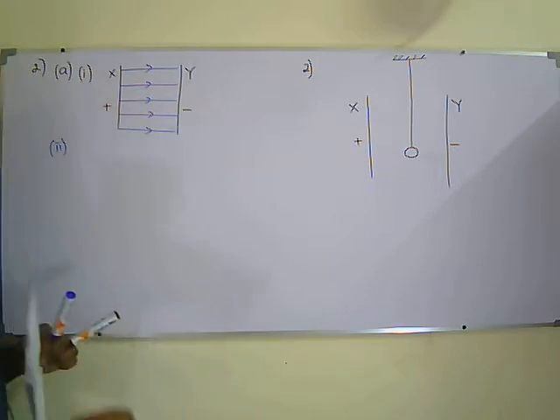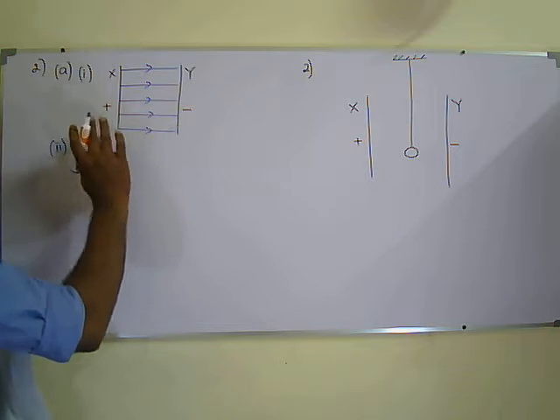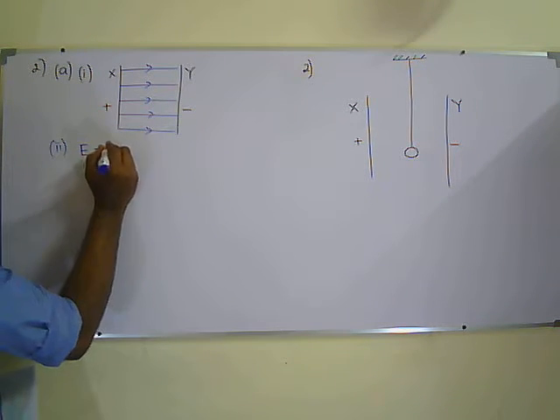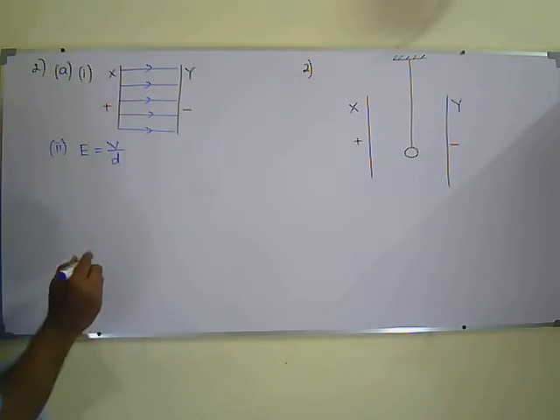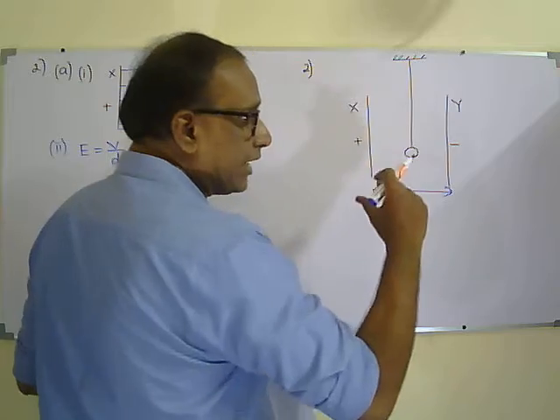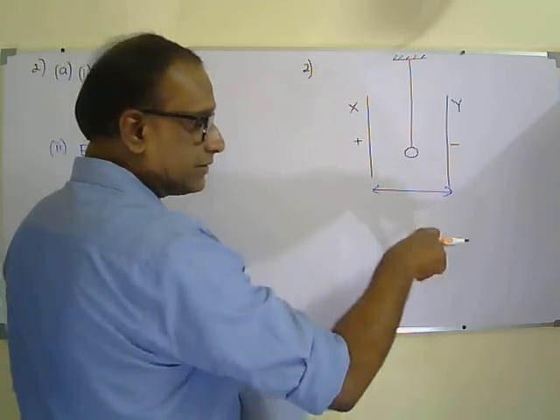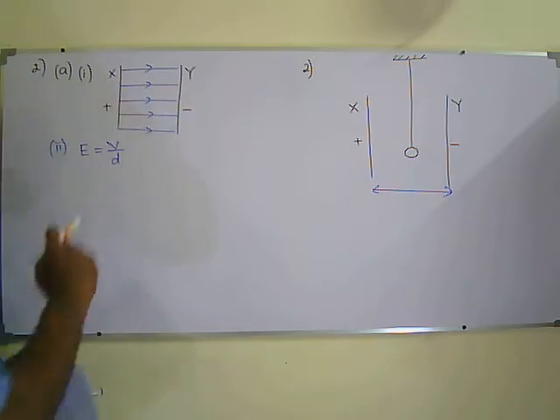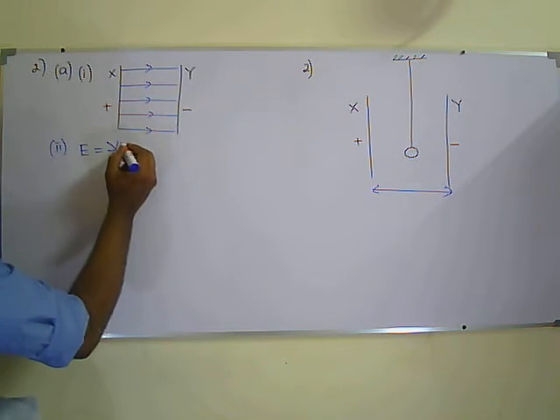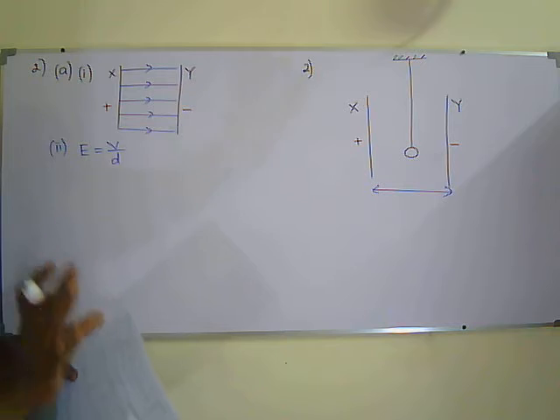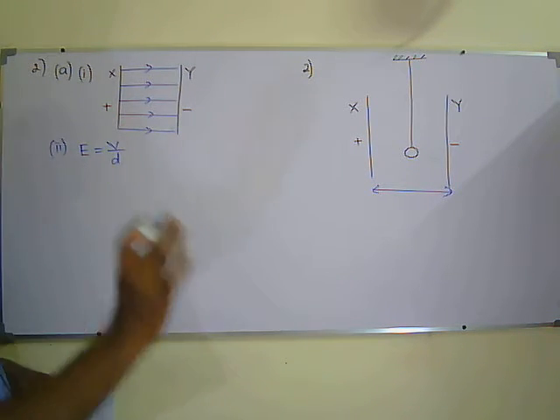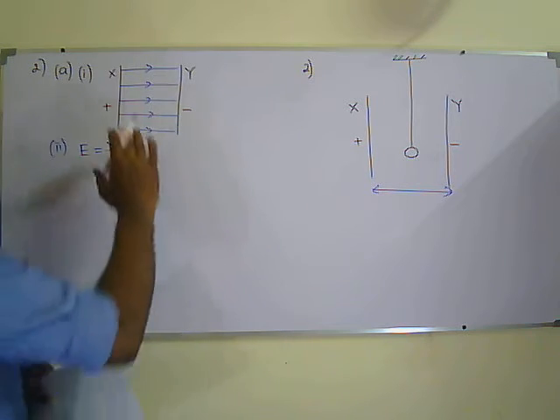First you should say, the electric field strength in the region between the parallel plates is given by E equal V over D. Since the gap between the parallel plates is fixed and the potential difference between the plates is also fixed, the electric field strength in the region between the plates is uniform and constant at all points.